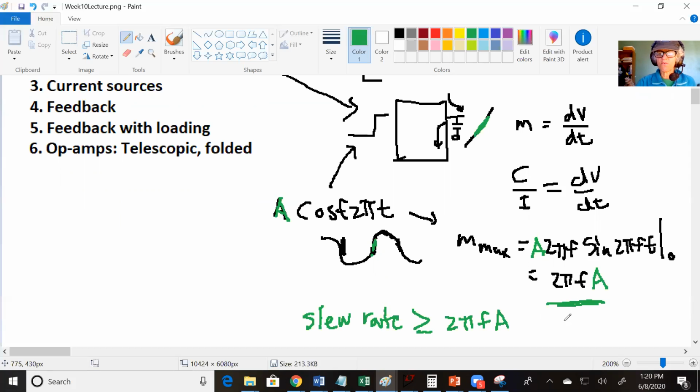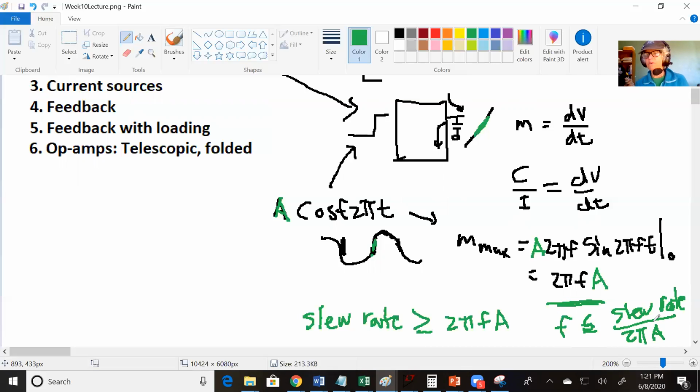And if you solve for frequency, you get frequency less than or equal to slew rate over 2 pi amplitude.